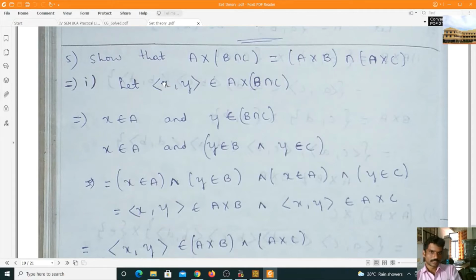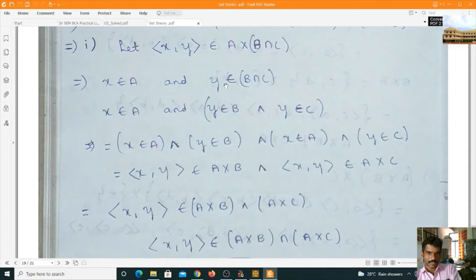So let ordered pair x comma y belong to A cross B intersection C. So x belongs to A according to the ordered pair property: the first element belongs to the first set, the second element belongs to the second set. So x belongs to A and y belongs to B intersection C.